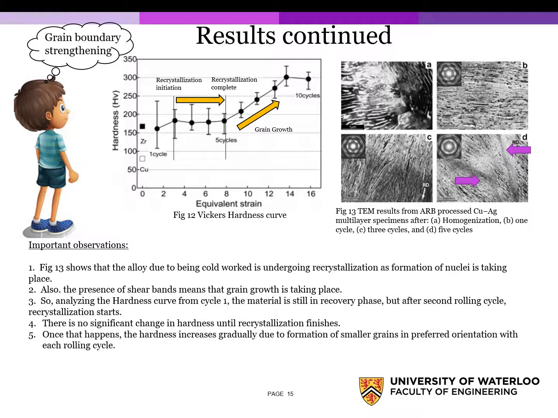Once that happens, the hardness increases gradually due to the formation of smaller grains in preferred orientation with each rolling cycle. So now with that in mind, let us summarize the learnings from the two case studies that we have covered in this presentation.